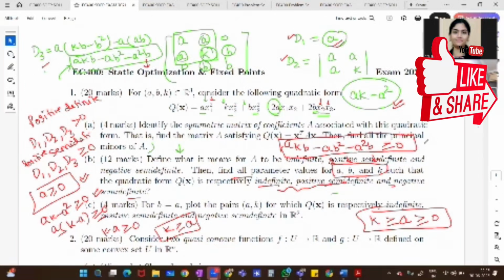Yes, whole inequality basically, not equation. If I divide, what will I get? K minus B minus A. Because I cannot do it the other way, I need B on one side and the rest on the other.